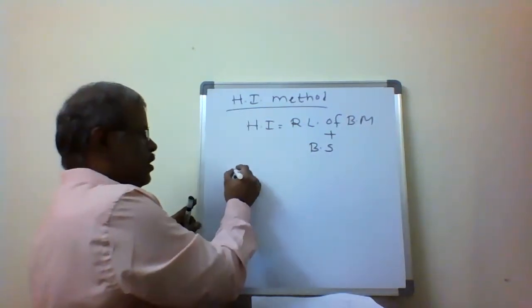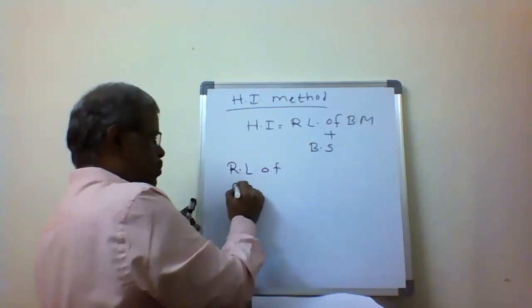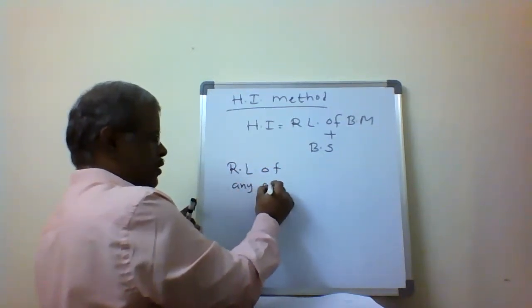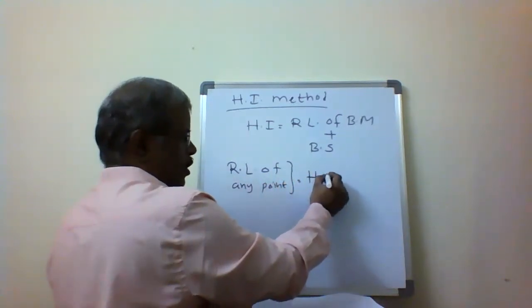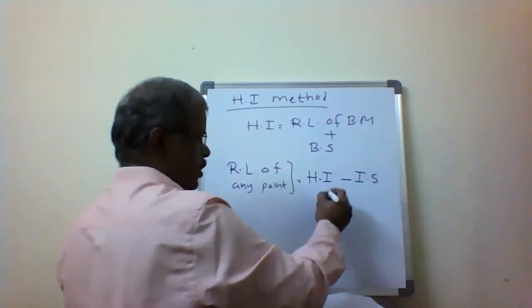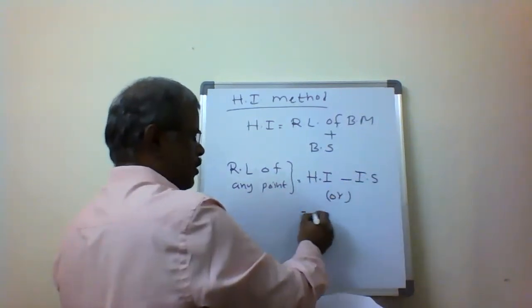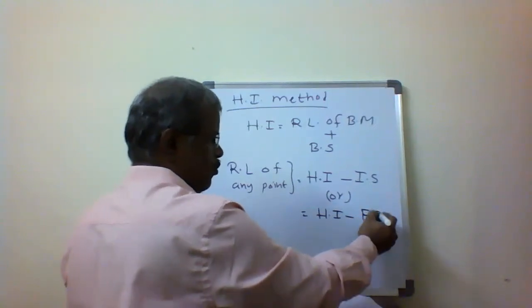Then I have to get the reduced level of the points. RL of any point equals height of the instrument minus intermediate sight, or height of instrument minus foresight.